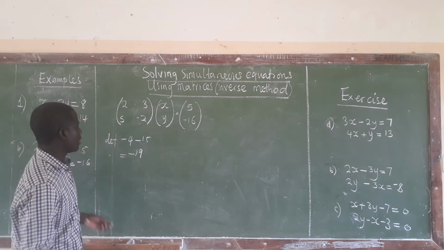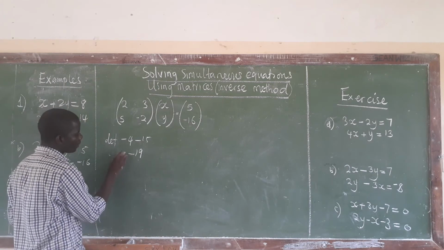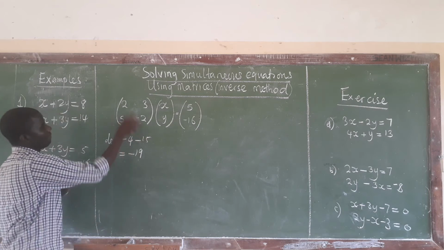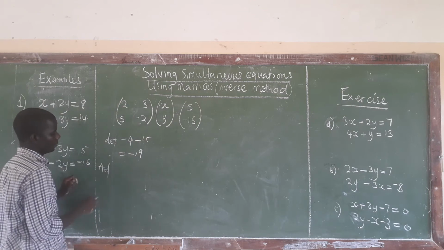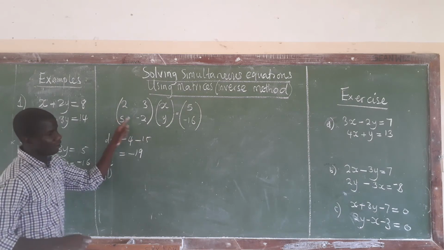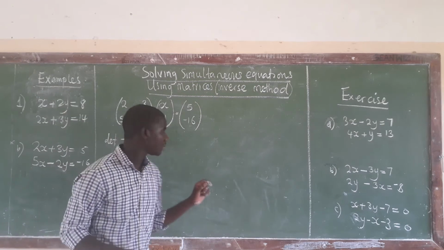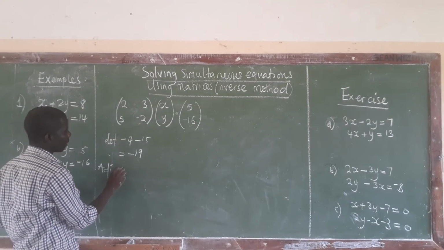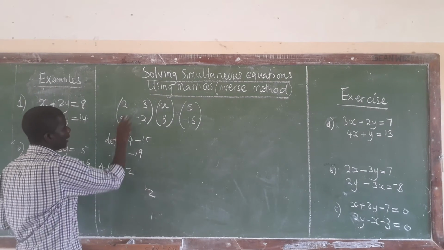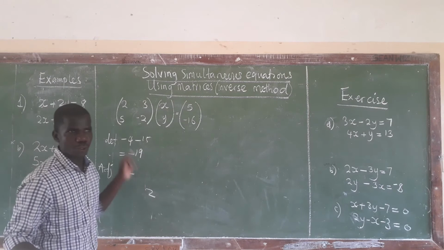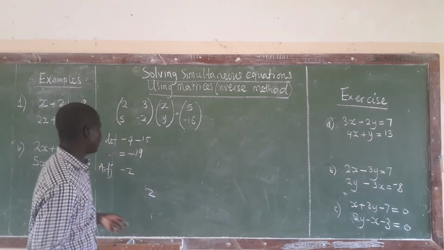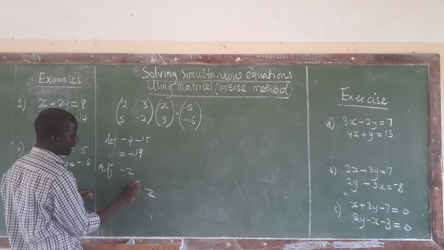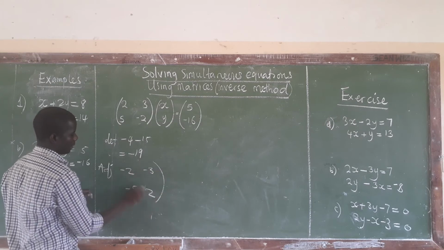Alright? Then, at this point, we find the adjoint of this matrix. How do we find the adjoint? These have to switch positions, so we're going to have negative 2, 2 here. These ones, they change signs, or you multiply them by negative, right? Which is going to be negative 5, negative 3, like this.